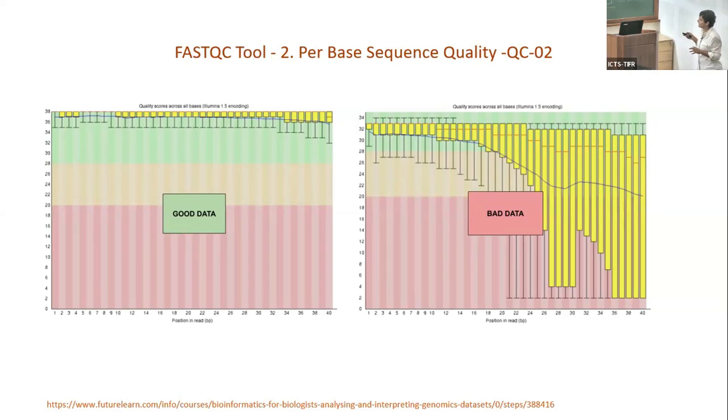Now bad data looks like this. So this is position. Each of the reads is 40 base pairs long. In the good data, all of the positions have good quality. That is how you interpret this. Here, across 1 to 40 base pairs, half of the locations have very poor quality. Okay, and now when you're looking at this, what do you think you need to do?